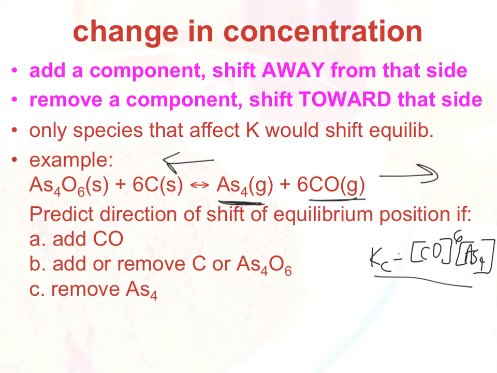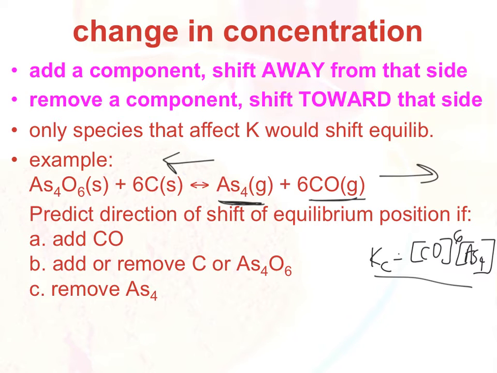Something I do want to mention is that even though carbon and the As4O6 are not included in the equilibrium expression, they are being used or produced during any shifts that occur. Just because they don't affect the equilibrium position doesn't mean their quantity won't change.